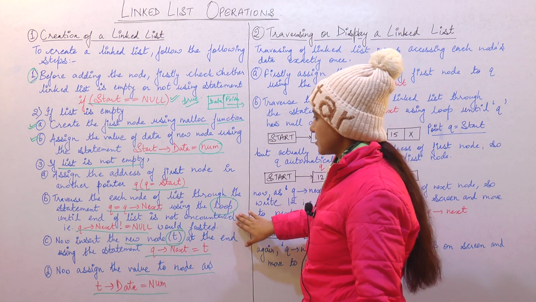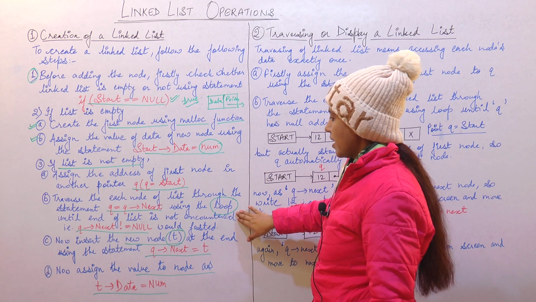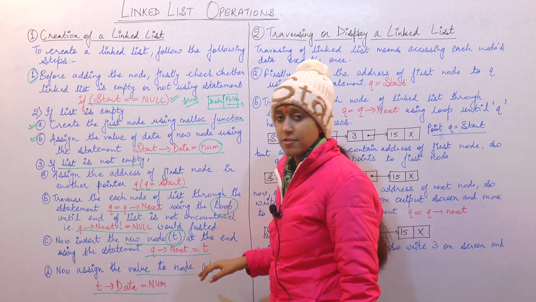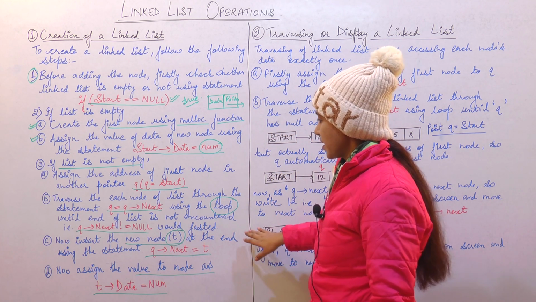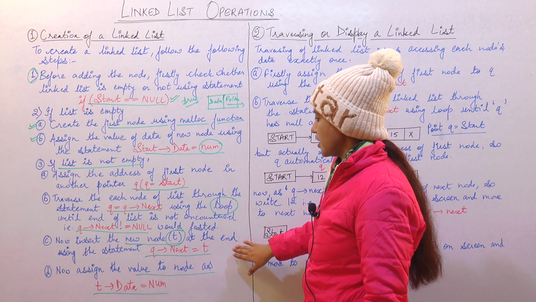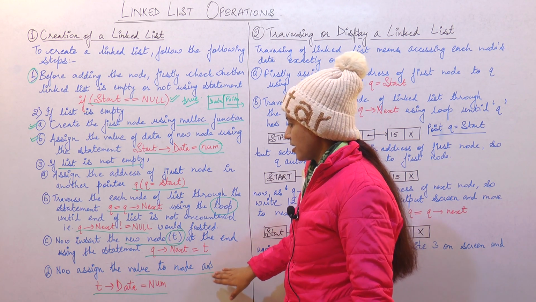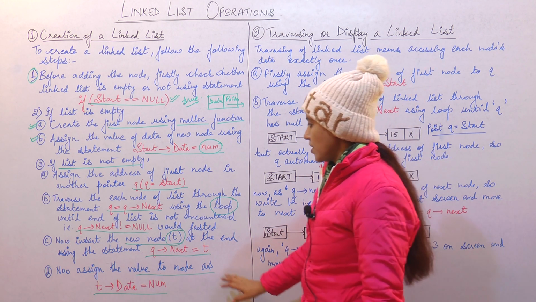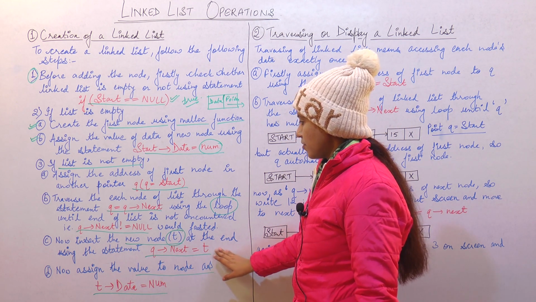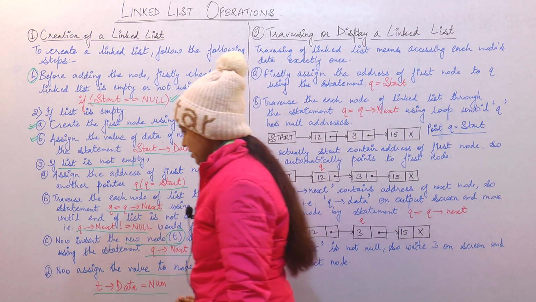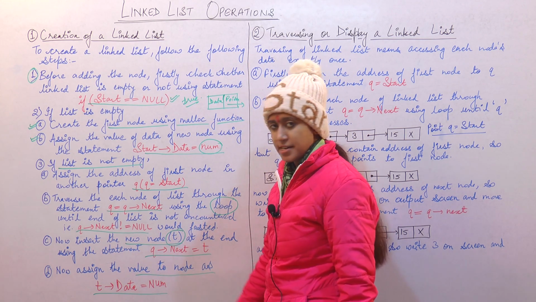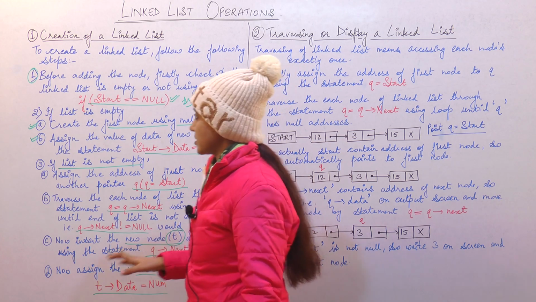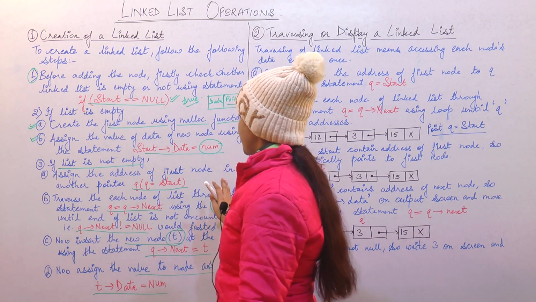Then we traverse each node of the list until we reach the end, insert a new node t at the end, and lastly assign the value to that newly added node using the statement t->data = num. So this was the creation of a linked list operation.